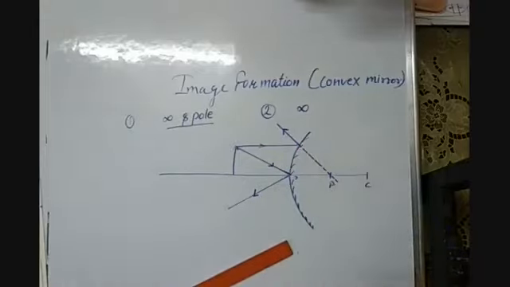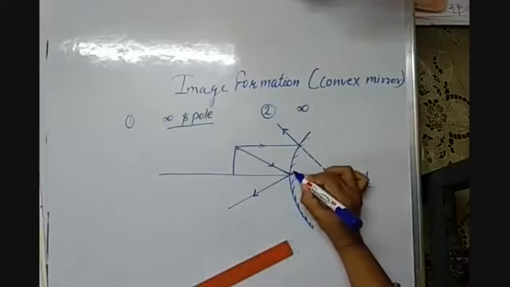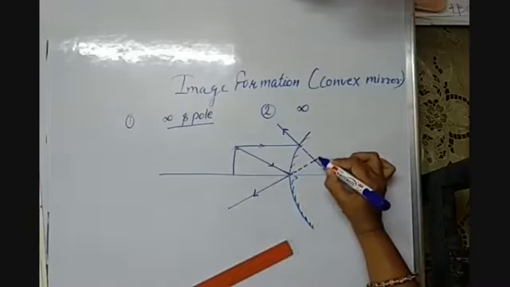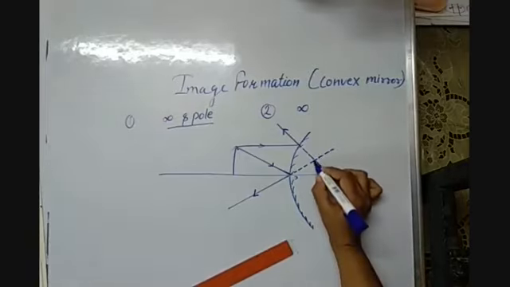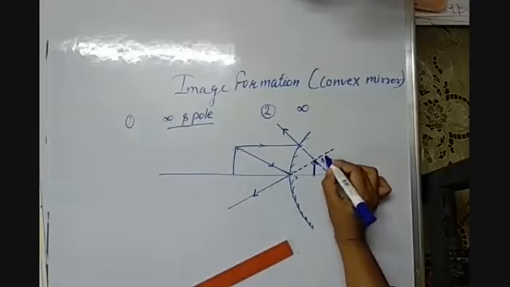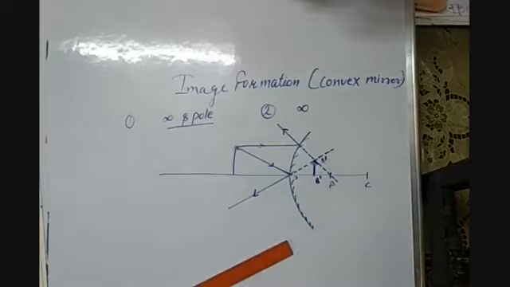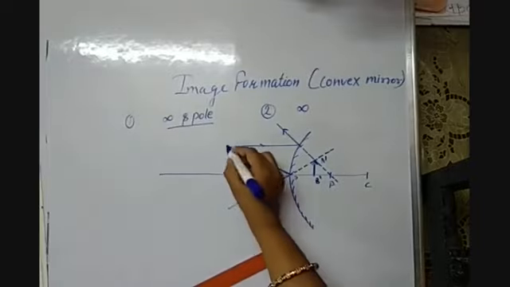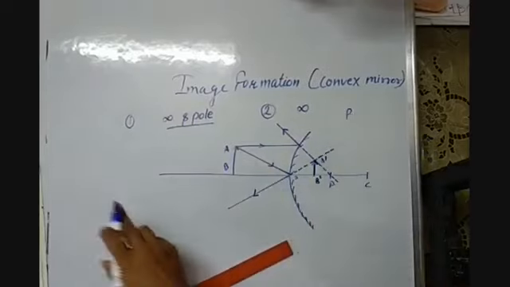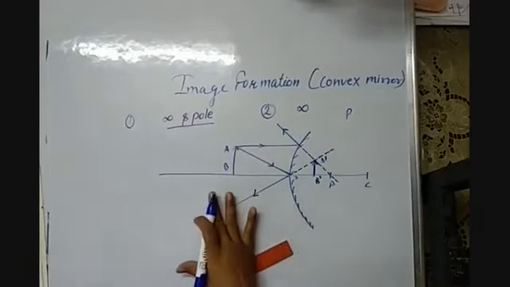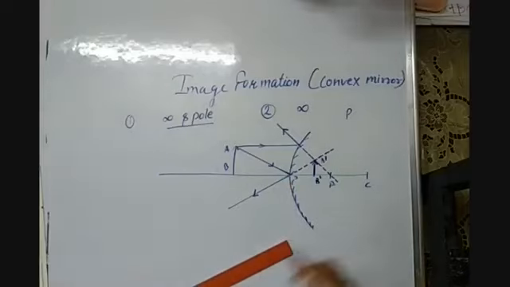So what do we have to do? We have to trace them back, and they will meet in such a way that the image is obtained as A dash and B dash. So the image will be between P and F, always, wherever you place the object in front of the convex mirror between infinity and the pole.